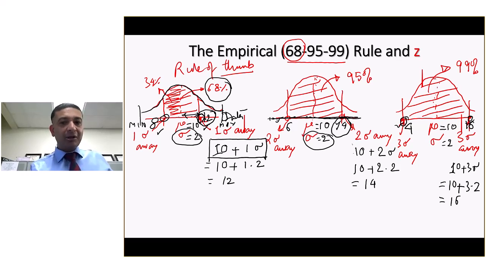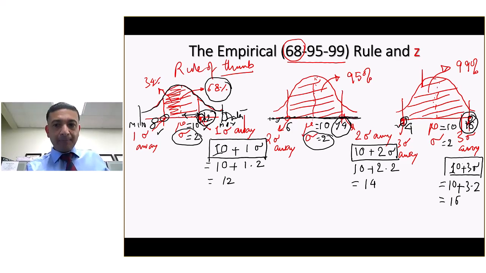So essentially, you took the mean of 10 and added 2 sigma to it. Look at this point 16. How did we capture that? It is 3 sigma away from the mean. Okay, and so that's basically what you have done. Mean plus 3 sigma.